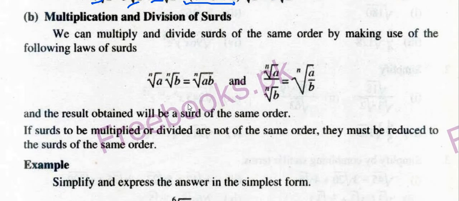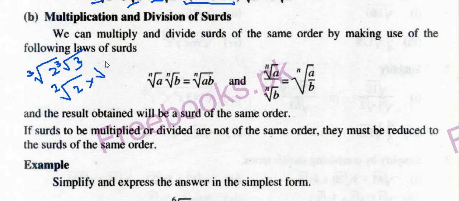We can multiply and divide surds of the same order. Focus on that. We can multiply and divide surds of the same order. We can't multiply surds of different order.